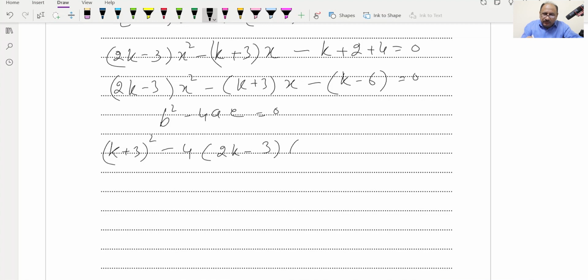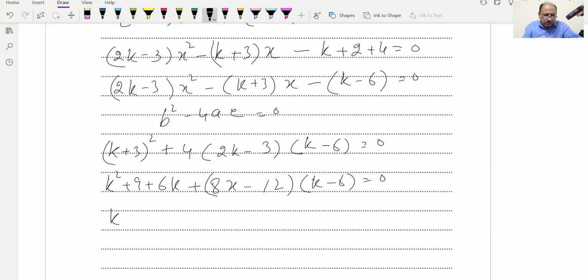So c will again be minus, so it will change to plus, and k minus 6 is equal to 0. So we can open the square, so it will be k squared plus 9 plus 6k, and plus 8k minus 12 in brackets, and k minus 6 will be multiplied in the next step.